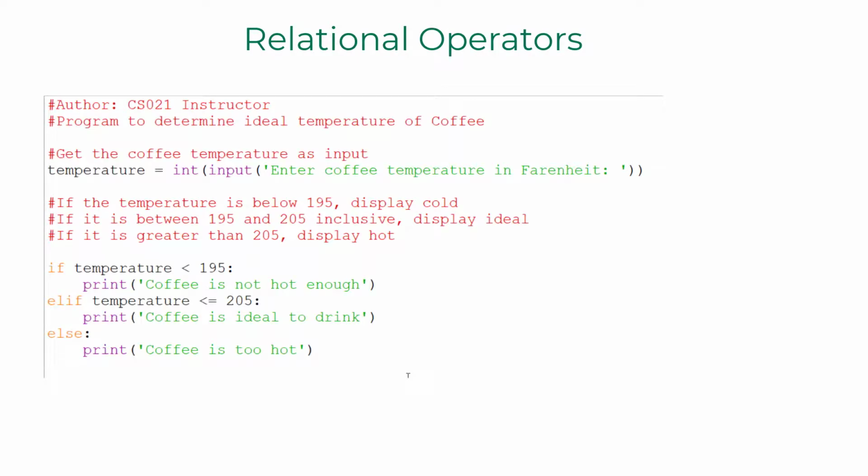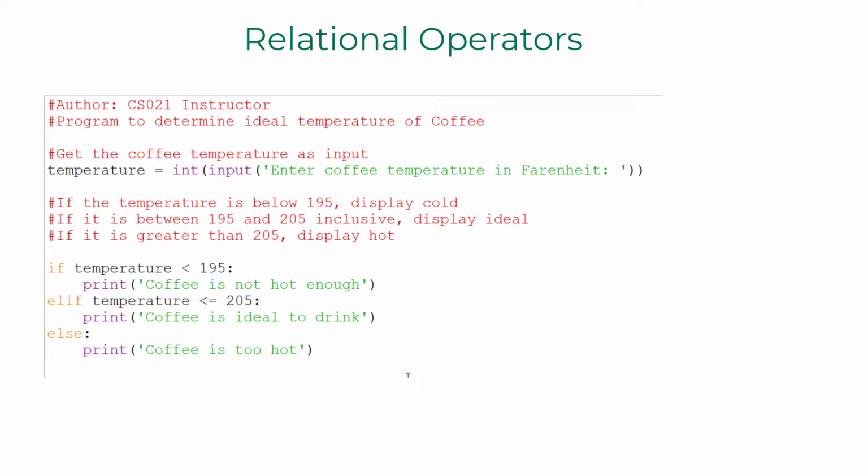Let us write a program that takes coffee temperature as input and tells us if it is at the ideal temperature to drink. For the sake of simplicity, I'm taking the temperature as an integer input right there, and here is what I'm gonna do. Any temperature less than 195, I'll display coffee is not hot enough.